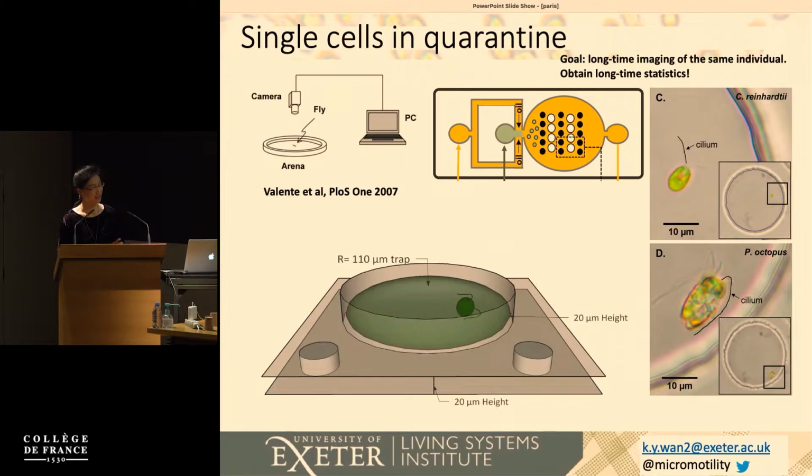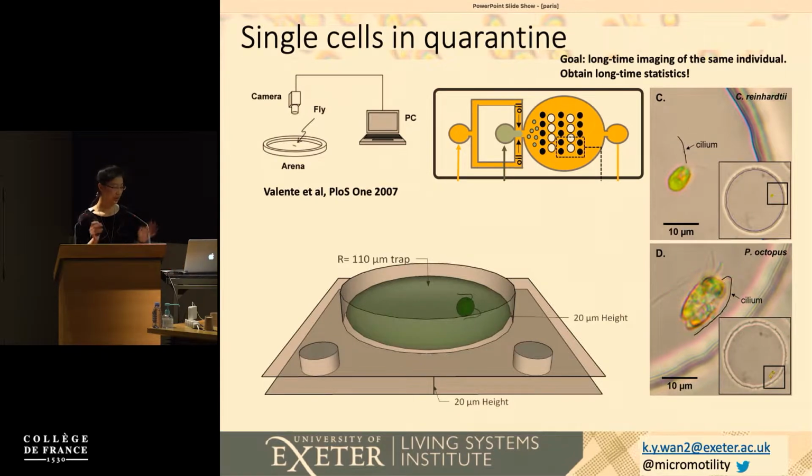In terms of size, the octopus is about twice the size of a Chlamydomonas. In terms of habitat, they're very different. Chlamydomonas is a freshwater species, meanwhile the octopus species is a marine organism. We're interested in comparing their behavior as a way to access how these functional differences may have arisen over the course of evolution.